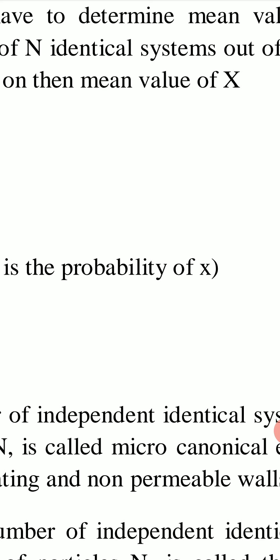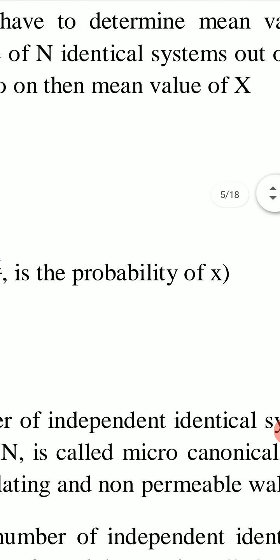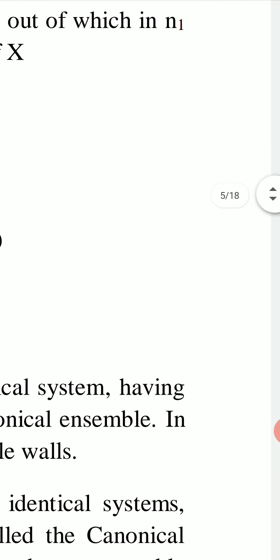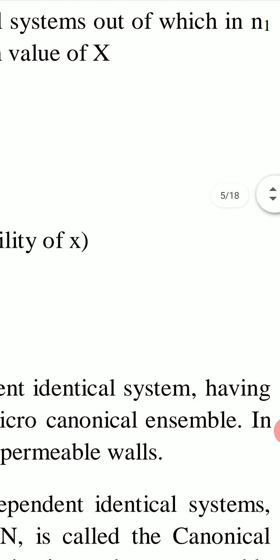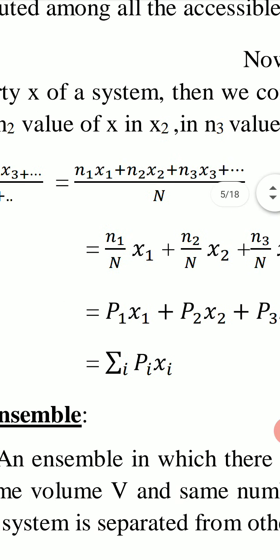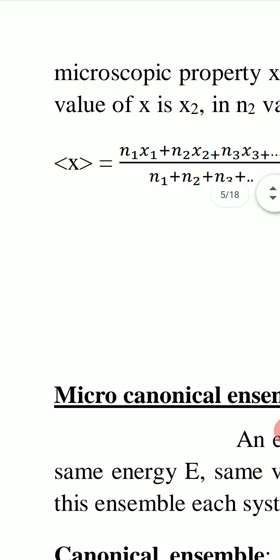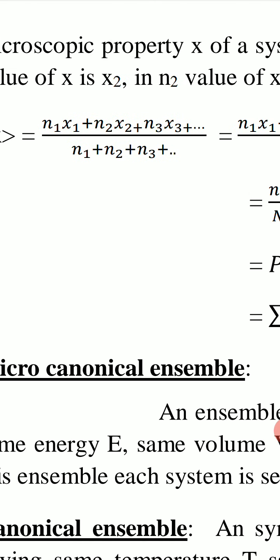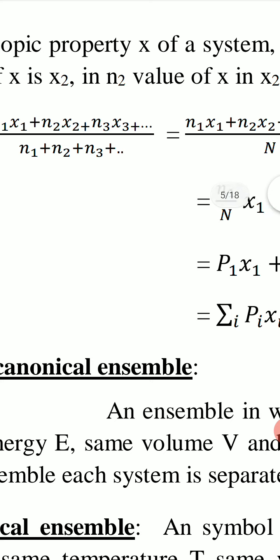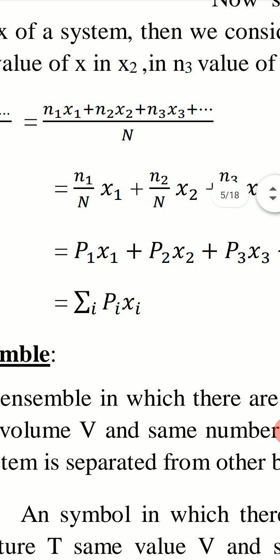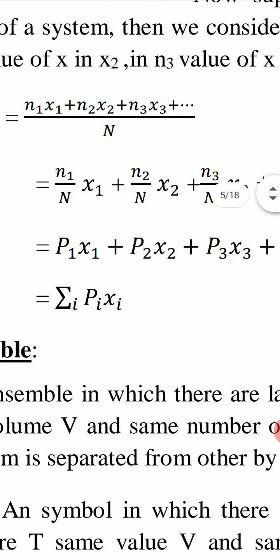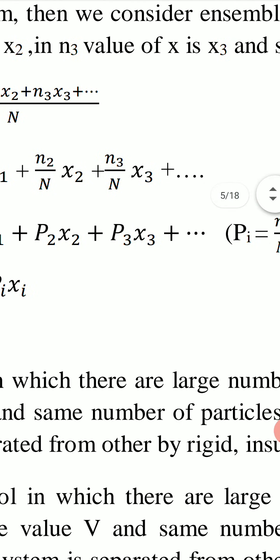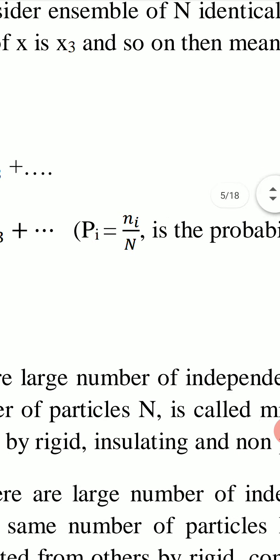This forms an ensemble. It is Gibbs ensemble or statistical ensemble. And out of these N identical systems, we find that in N1 systems, the value of X is X1, and the value of X is X2 in N2 systems. The value of X is X3 in N3 systems, and so on.